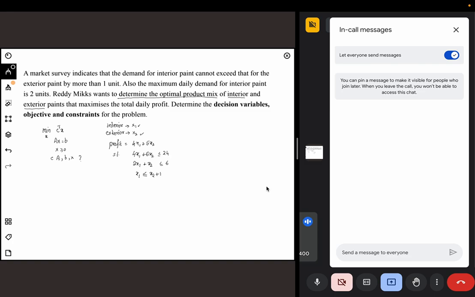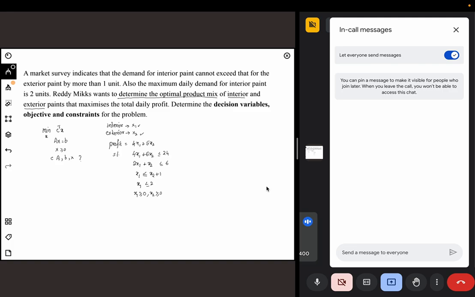Also, the maximum daily demand for the interior one is less than or equal to 2. So these are the set of all constraints for this problem. And I need to produce something to get any profit, so x1 and x2 both should be positive. These are the set of constraints that I have.